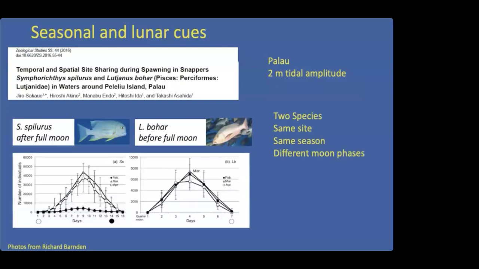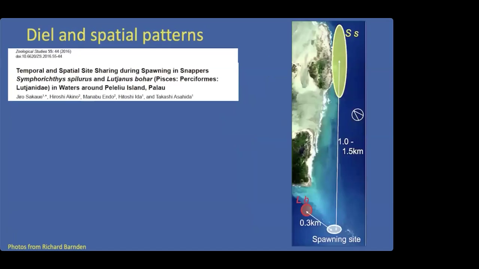Here you'll see one species has a peak spawning of over 40,000 individuals that takes place about 6 or 7 days prior to new moon, whereas the other species tops out at about 6,000 or 7,000 fish several days before full moon. Adding to this story, there are diel and spatial patterns.